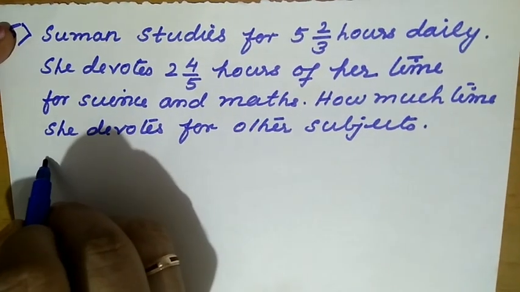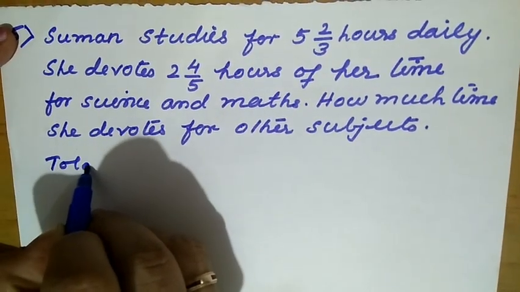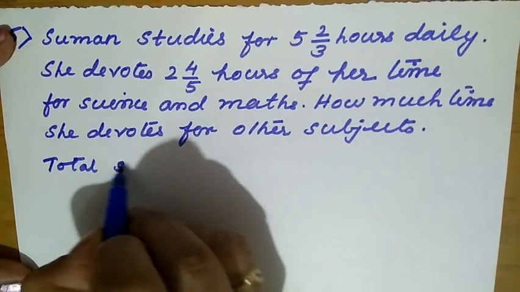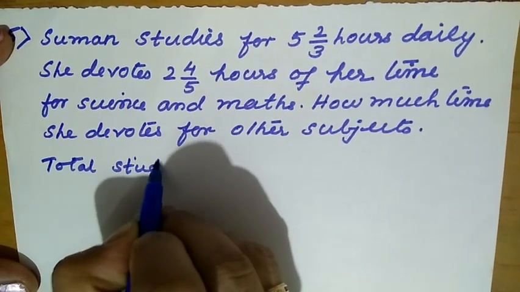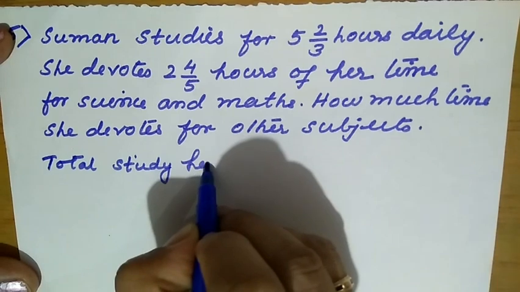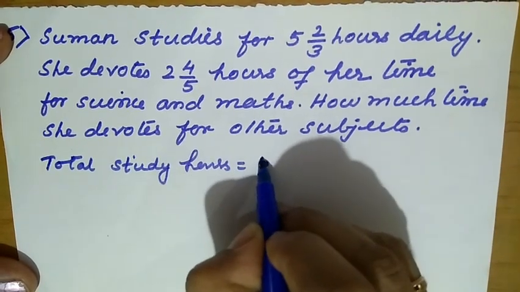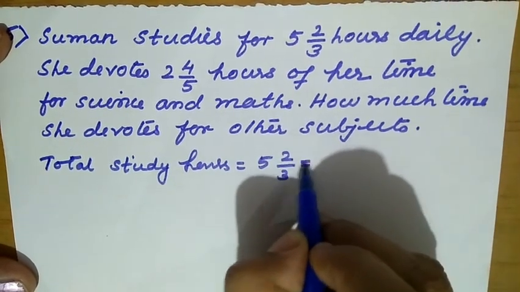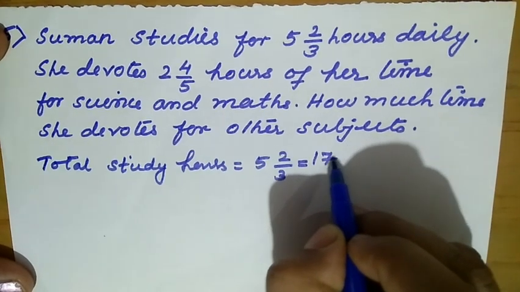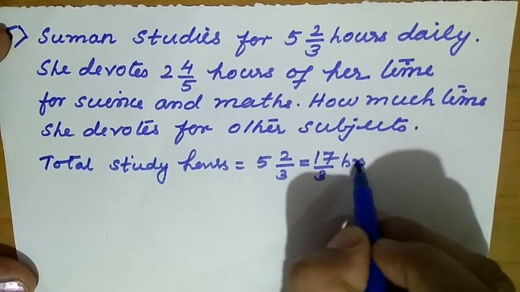So we are writing total study hours: 5 integer 2/3, that means 17 by 3 hours. Right?